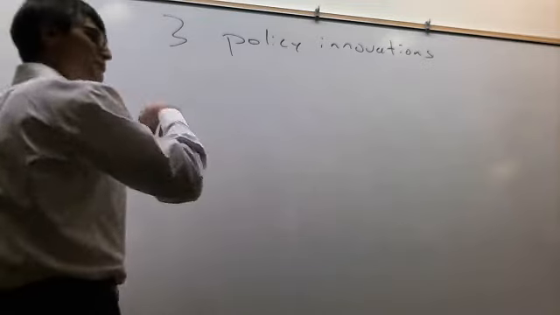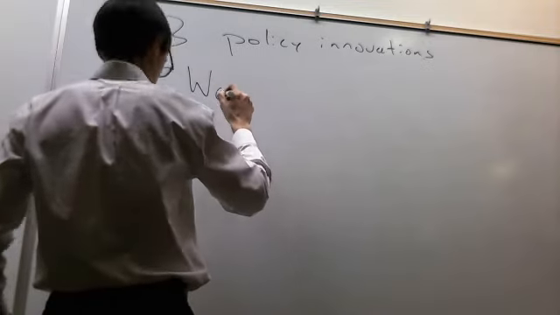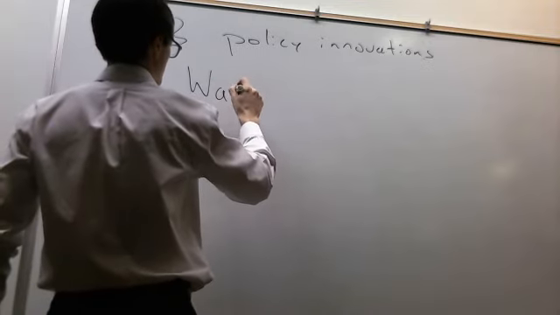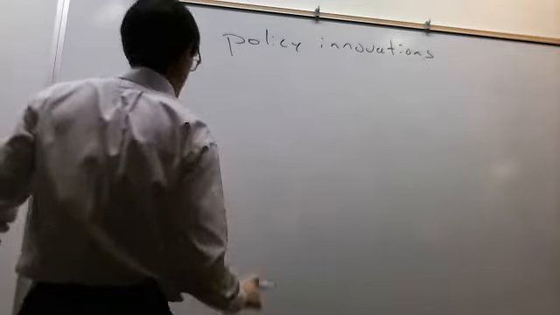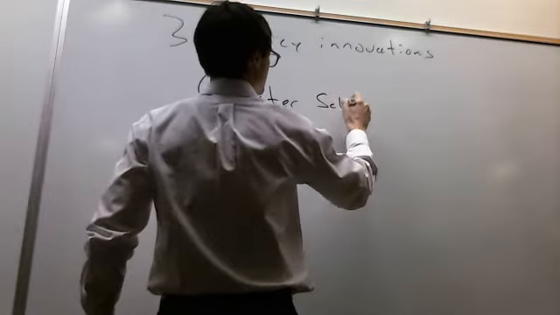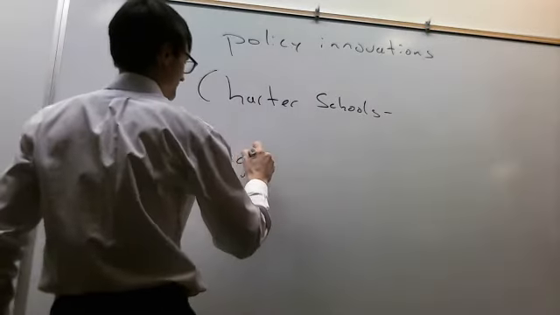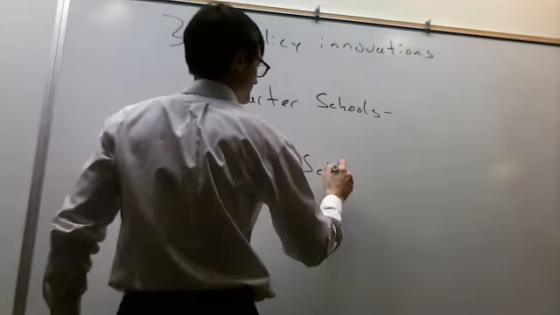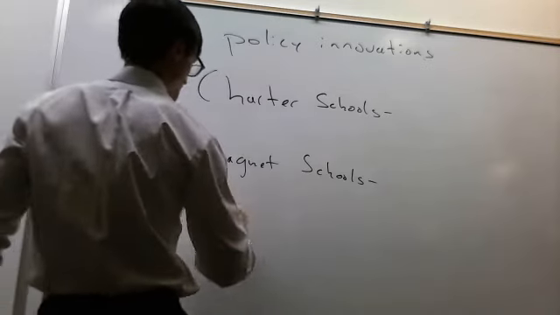So there are 3 pro-competitive ways of going about this. The first one is not waivers, I'm not thinking of the right term here. These are charter schools, magnet schools, and vouchers.